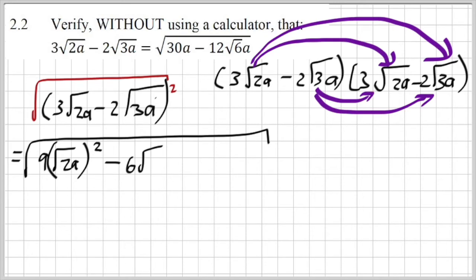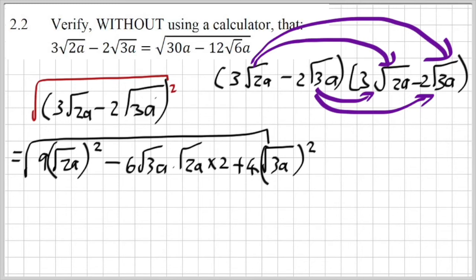Then if I multiply out my outers, 3 times 2 is 6, and then I'm sitting with root 3a times root 2a. But if you look at the inners, it's going to be exactly the same, so I'm going to multiply it by 2. If I multiply out the lasts, negative 2 times negative 2 is positive 4, and root 3a times root 3a is root 3a squared.